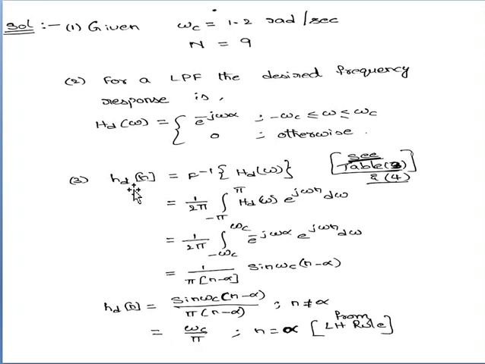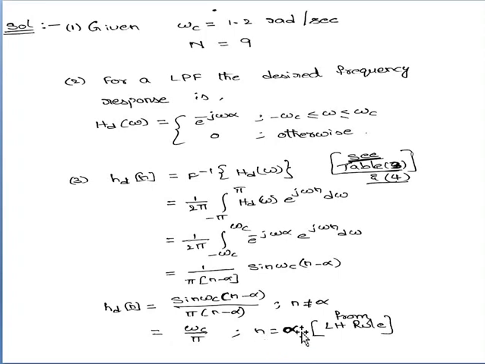In the Hd of n, for different values of n, we should find out the coefficients like Hd of 0, Hd of 1, Hd of 2, Hd of 3 and so on. If you substitute n is equal to alpha, meaning (N minus 1) by 2, suppose in this case N is equal to 9, alpha is nothing but (9 minus 1) by 2, 8 by 2, that is 4.